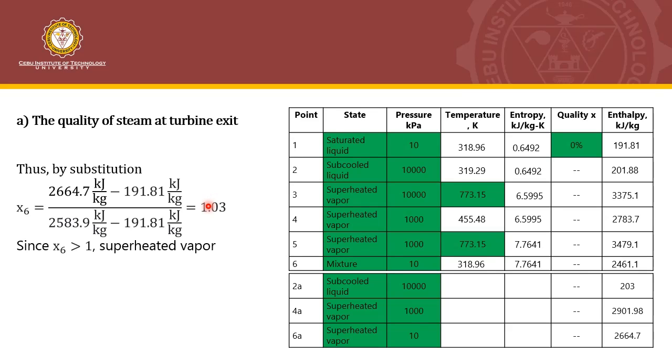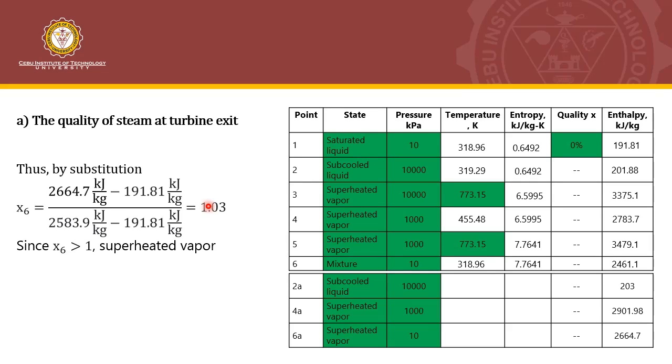Take note that if the value of the quality is greater than 1, it means that it is already a superheated vapor. That is why we cannot get the value of the quality if it is a superheated vapor.